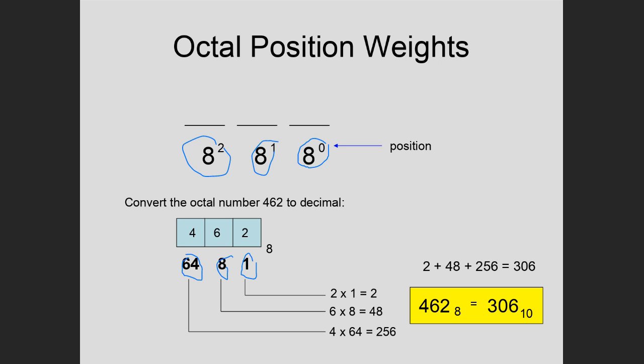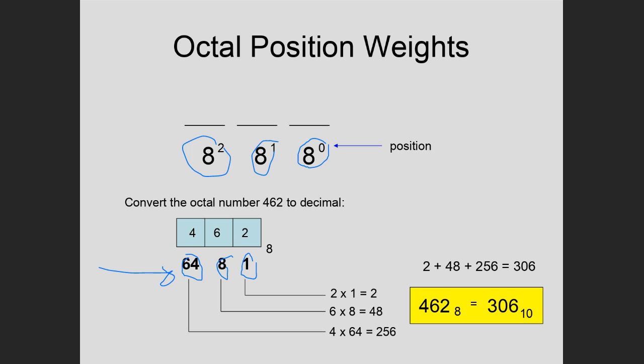And just like in base 10, the symbol here tells us how many of these things we have. So I got 4 64s, 4 times 64. I got 6 8s, so down here I got 6 times 8.